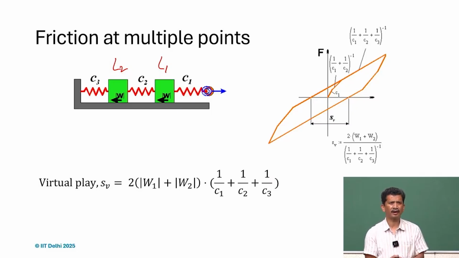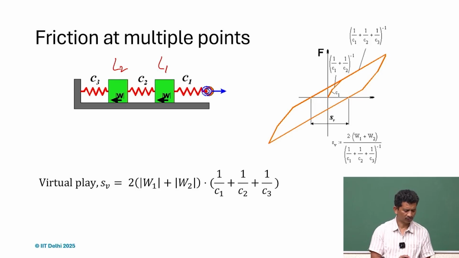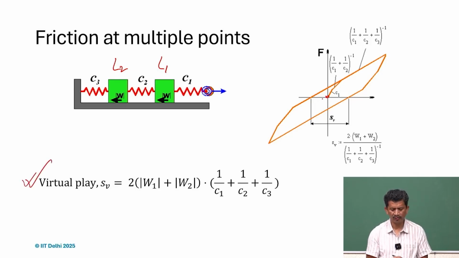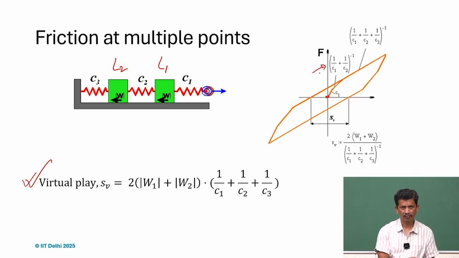If that is the case, with two bodies and three springs, what will the play be? Similarly, if we move, we first feel the C1 stiffness, but as it starts moving, then we have two springs in series, C1 and C2, so deflection will get added.